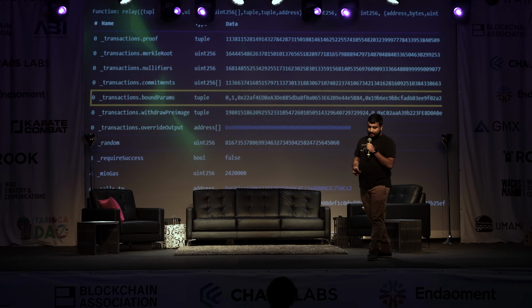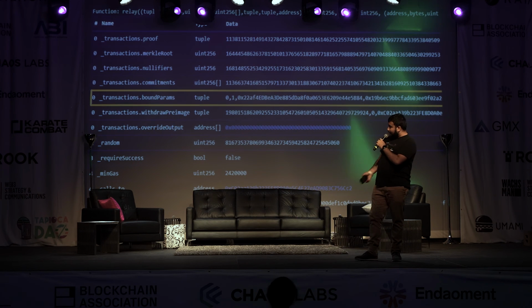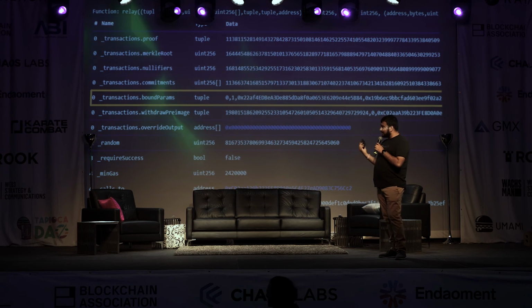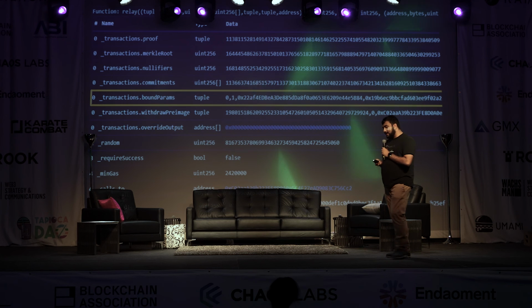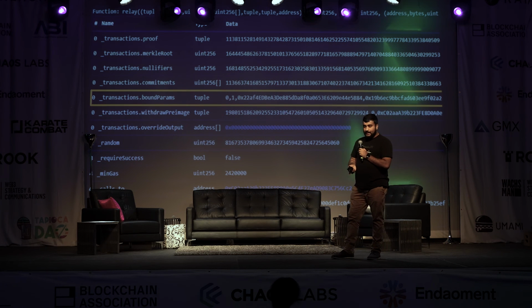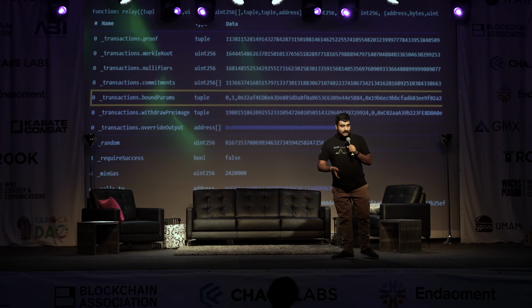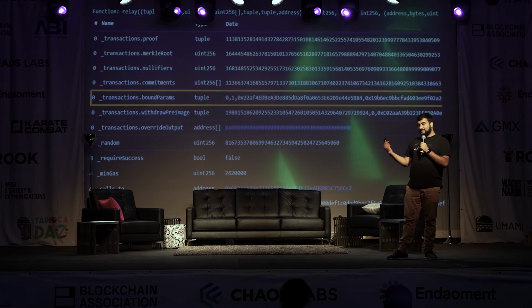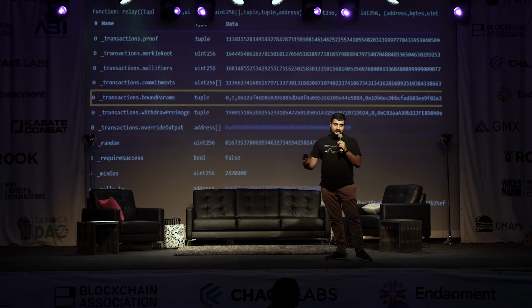So if you look at the Railgun transaction from before, the way that this is handled is we've got this transactions.bound parameters. So this is a hash of all of the calls values that we saw at the bottom. And this is included as part of the snark proof. So what essentially happens is if someone were to say, rather than swapping my ETH for DAI, they went off and created some random token, created a liquidity pool for it with almost no liquidity, and then just changed your transaction to buy into their liquidity pool, and then they withdrew the liquidity and stole your ETH.